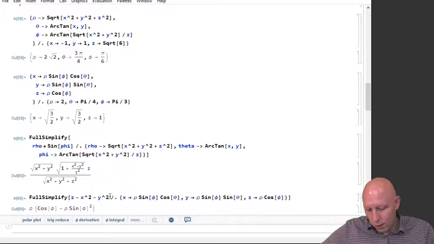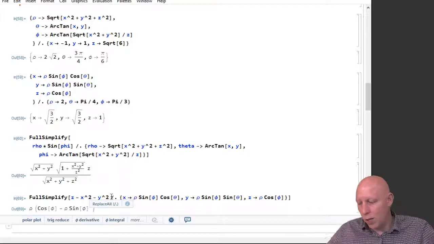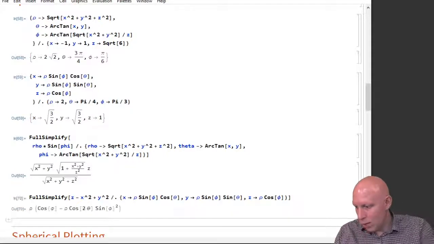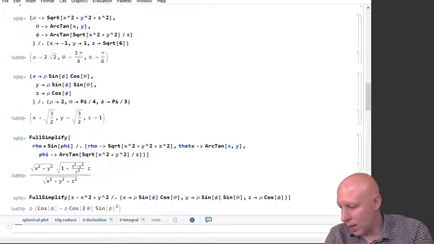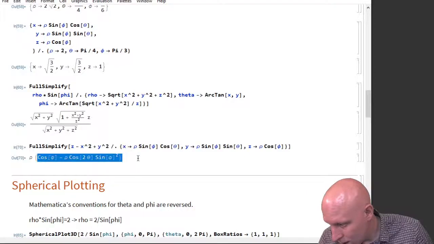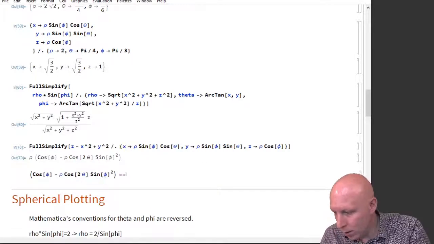So that was the first thing that we found out. This was equal to 0, so if you then solved, you either get rho is equal to 0 or you get this other equation. And if we did z minus x squared plus y squared, then we get this expression. And so what we're getting is an expression that says this equation equals 0.